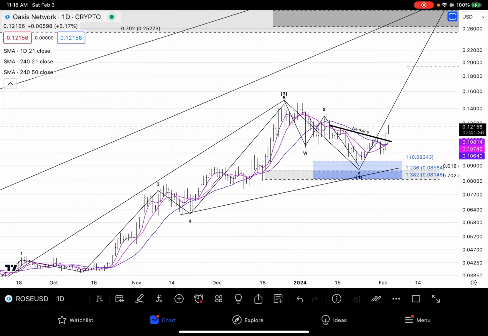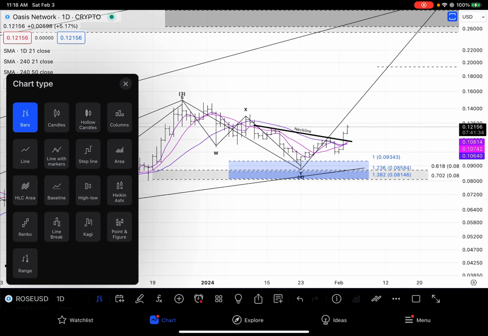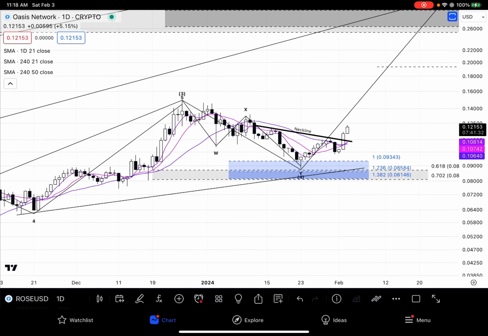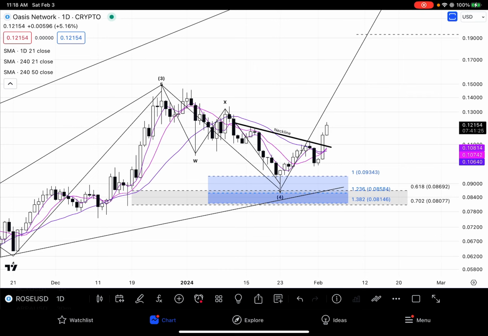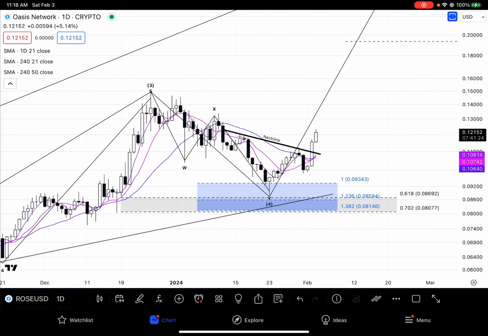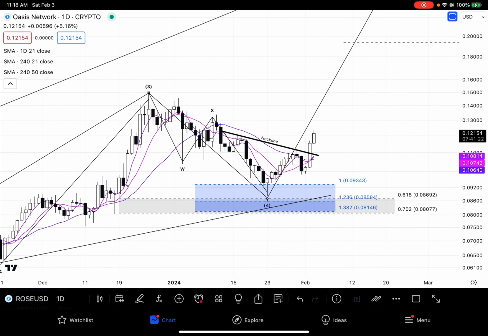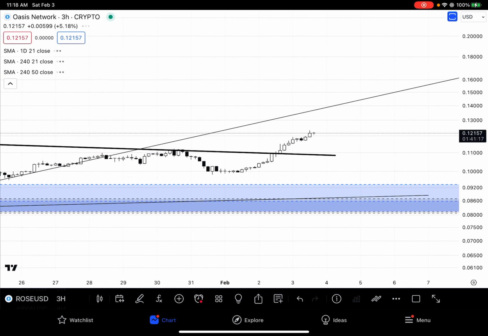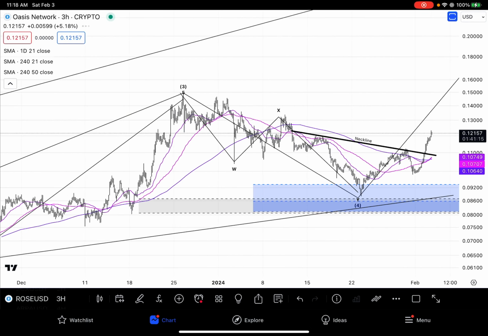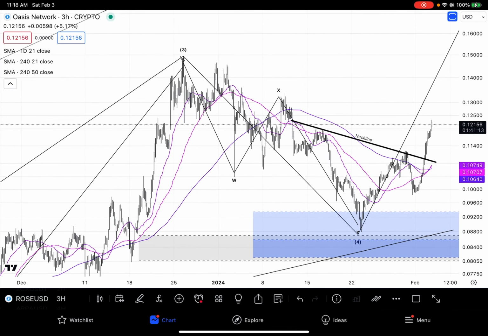Now we're about to do wave 5 of 3. Okay, so we actually formed a bullish daily pin bar right off the 1.236 or the 618. So it looks like it's front running many alts, much like Solana and ADA.